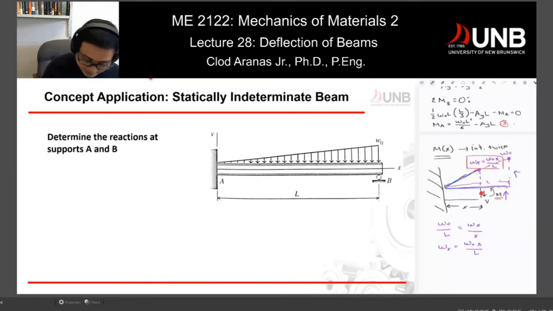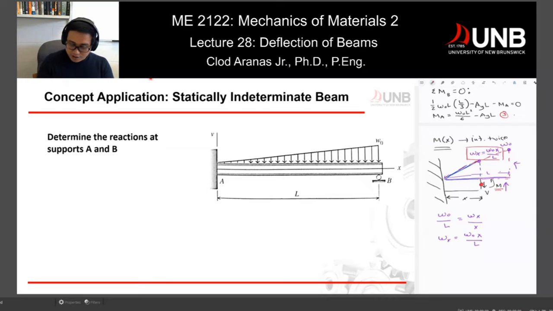So let's do that one. So once we get the numbers, we're going to get the following. So, and I'm going to explain each term one by one. So x over 3 is equal to 1/2 W naught x over L x.